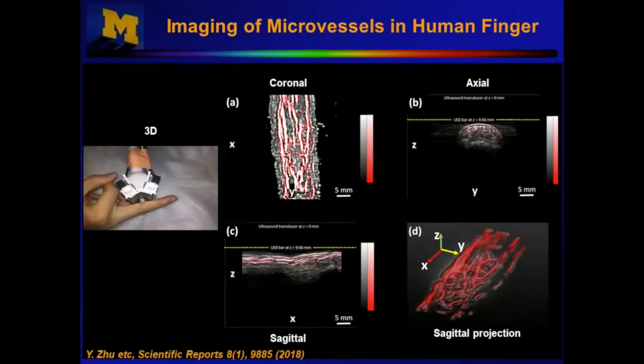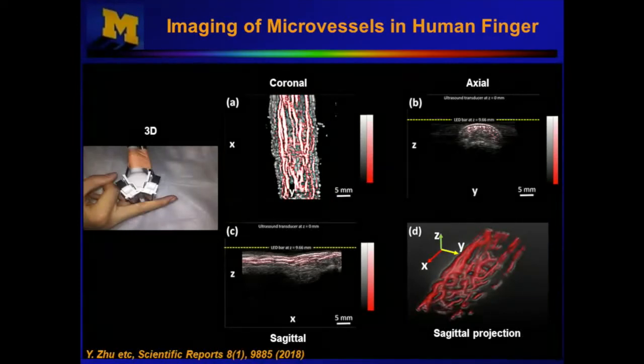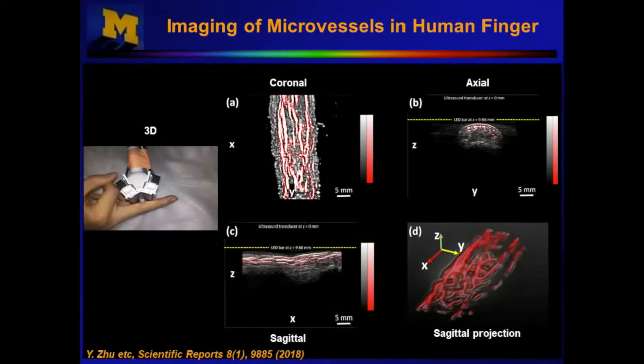Before we start to use the system on our arthritis patients, we first try to evaluate the system performance by scanning some normal volunteers. In this study, we scanned a finger joint using this system.